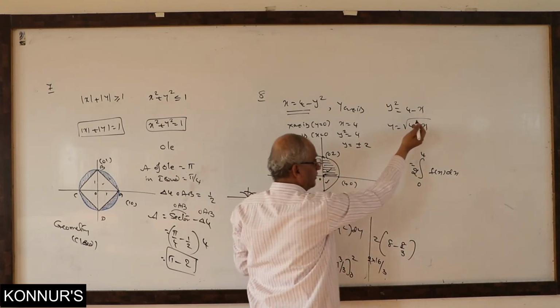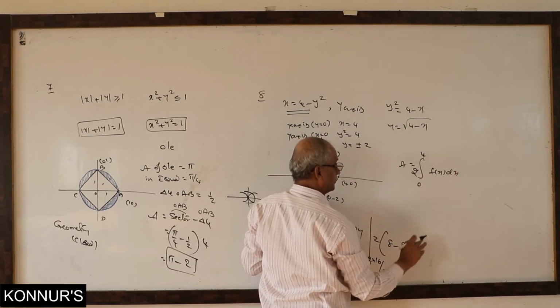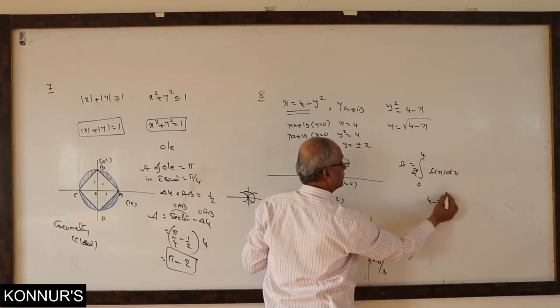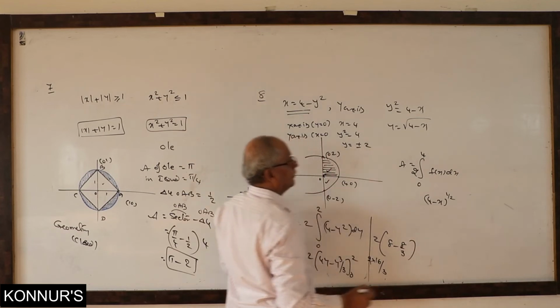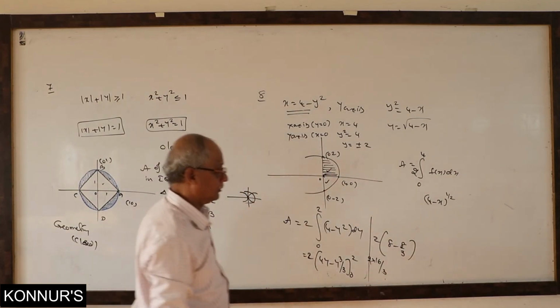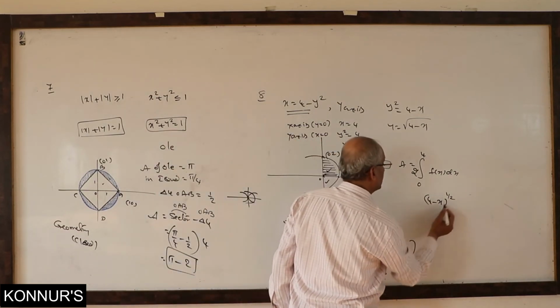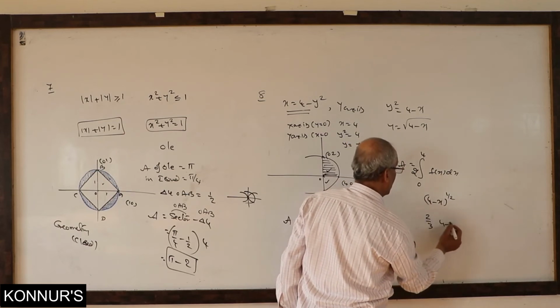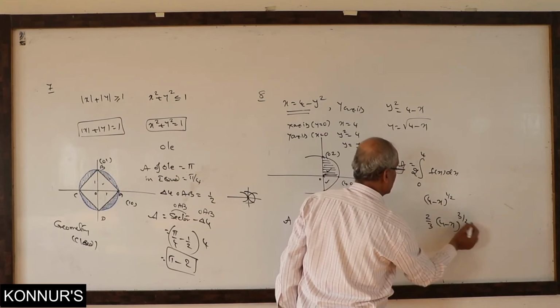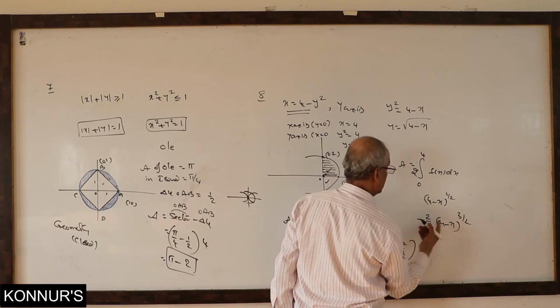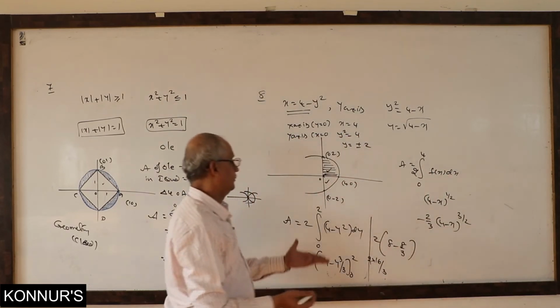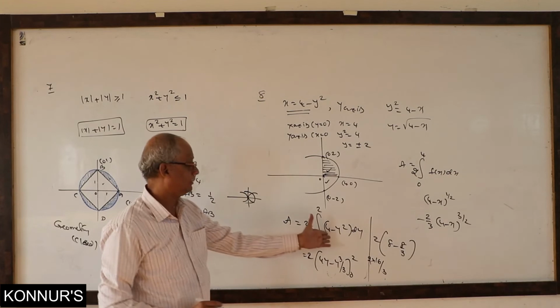Confusion: by mistake if the minus is missed, the answer is random. You have to integrate (4 minus x) power 1 by 2. Then what is the integration now? 1 by 2 plus 1, 2 by 3, (4 minus x) power 3 by 2, with a minus outside because of the x coefficient. Many things are there. I want to finish smoothly, so this is the way I am going.